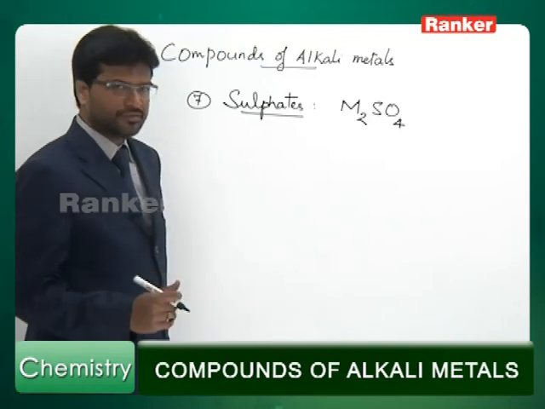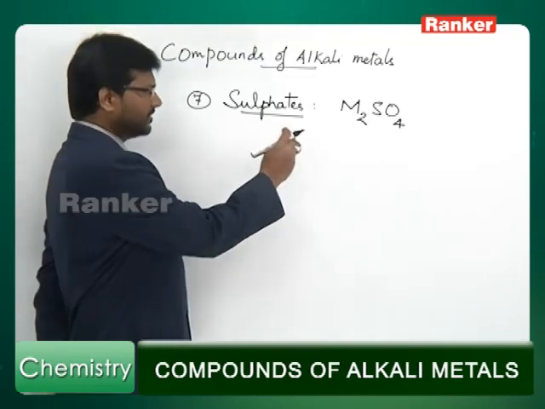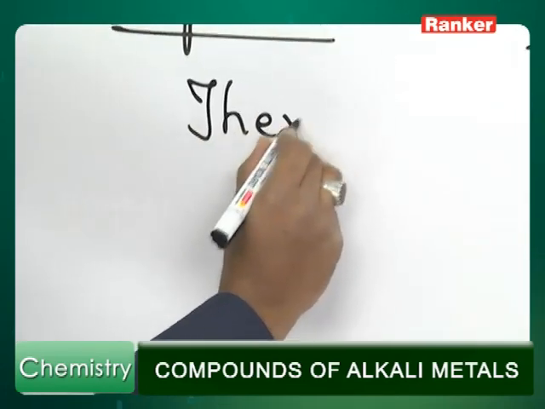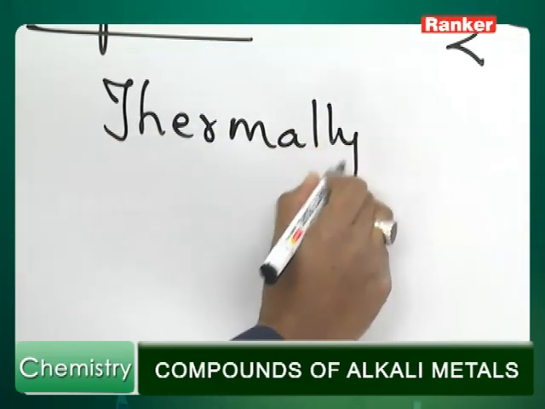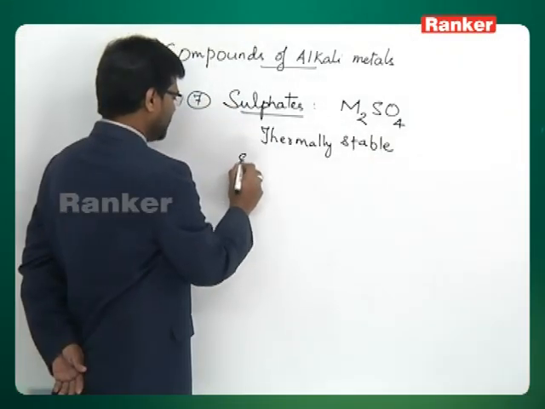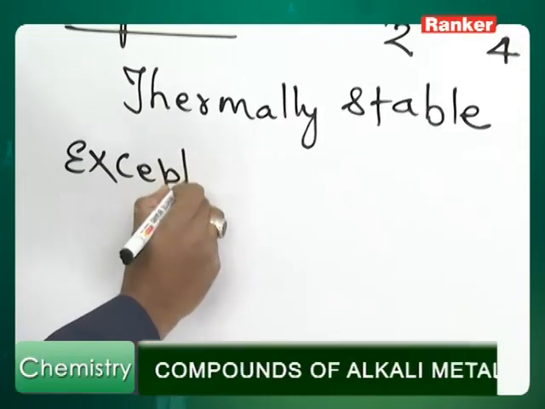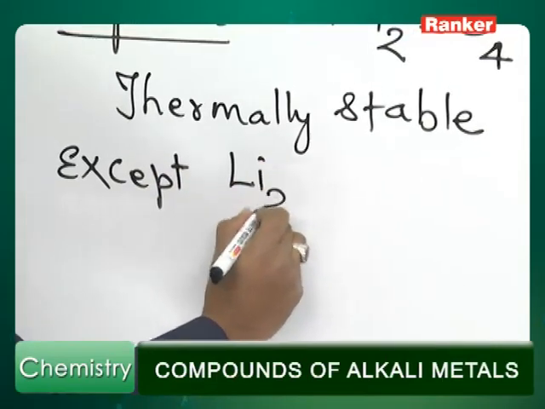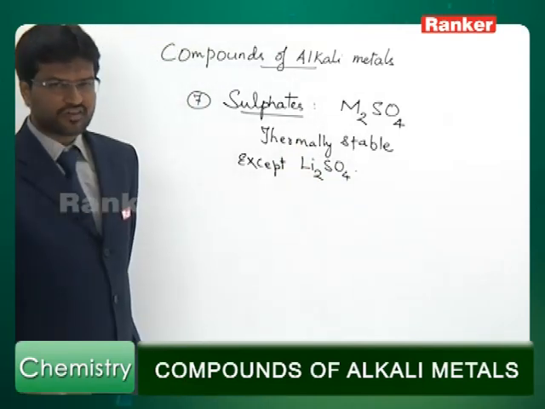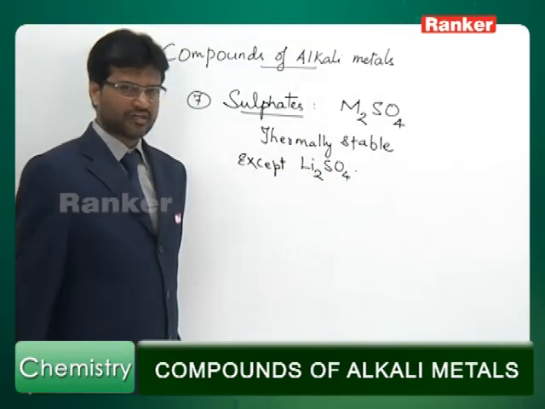Here I would like to talk about thermal stability. These are thermally stable substances, again the exception is the same, Li2SO4. This on heating decomposes to give lithium oxide and sulfur dioxide along with oxygen.